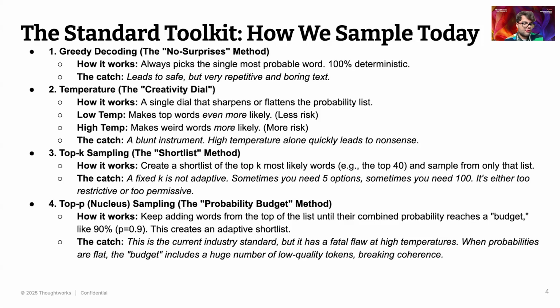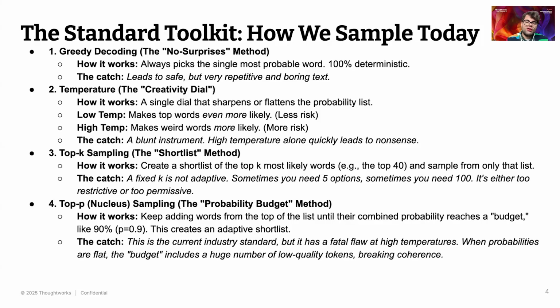So there are going to be times where the top most likely token is 99% likely, and even the second most likely token is like 1%. And in that case, the model is trying to tell you, no, I really just want to sample from the most likely word or token. But here you're ignoring it and allowing things that shouldn't be in there into the distribution. So top K has problems, right? It's either too restrictive or too permissive based on the choice of K.